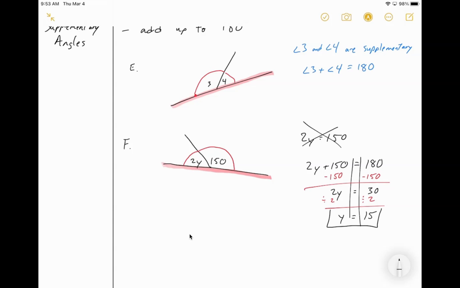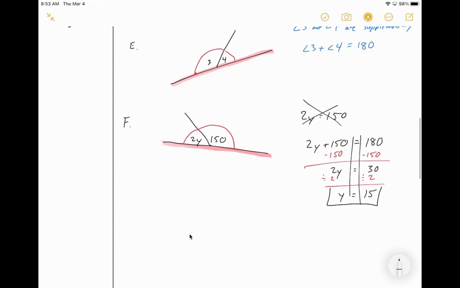Let's do one more just like this to practice here. Let's say this one is 40, and let's say this is 7x. Can you tell me what x is equal to?